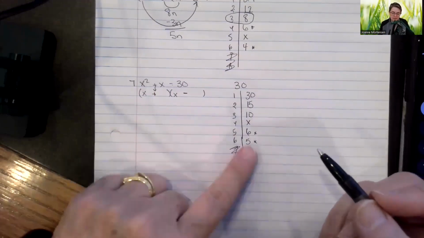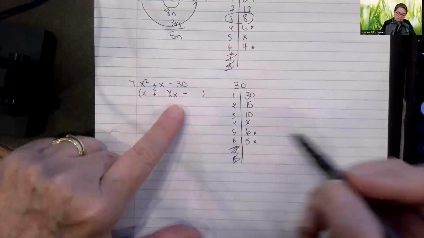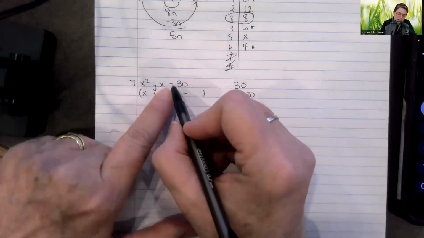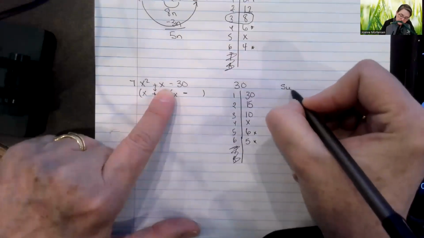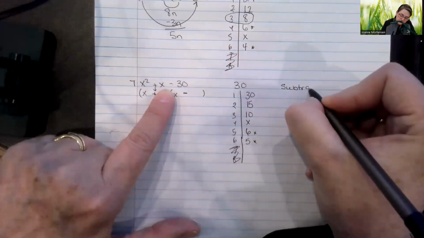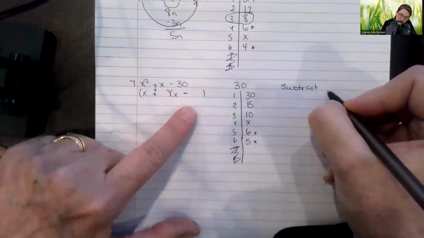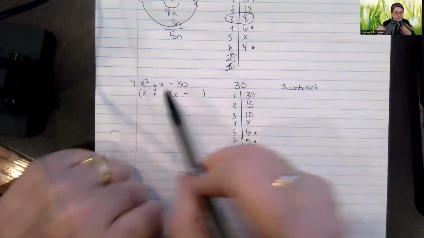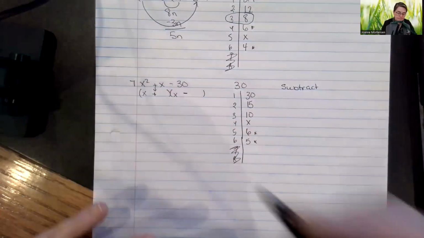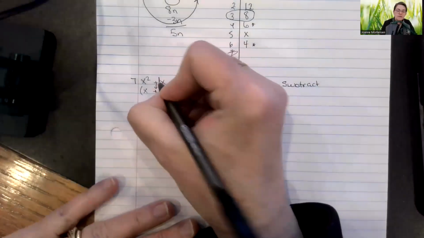Okay, so we factored. Now we need to figure out what we're going to do with these factors. So this negative means I need to subtract and get 1. Don't forget, you can always put that 1 in there.